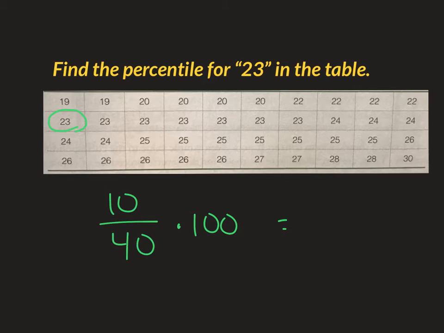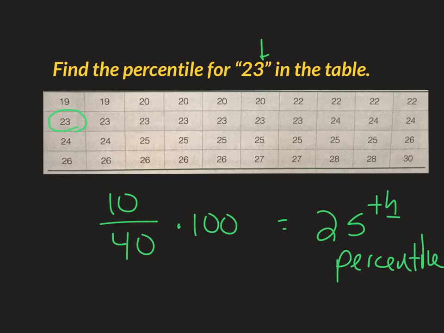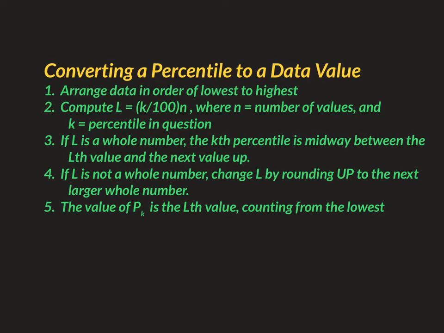That's really 1/4 of 100, which is 25, which means 23 is the 25th percentile, which means, again, 25% of the numbers are below 23, and about 75% are above 23, which, looking at the table, is pretty accurate.